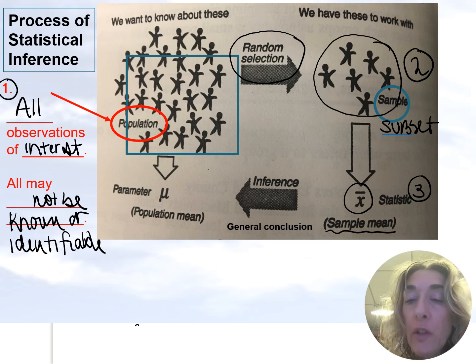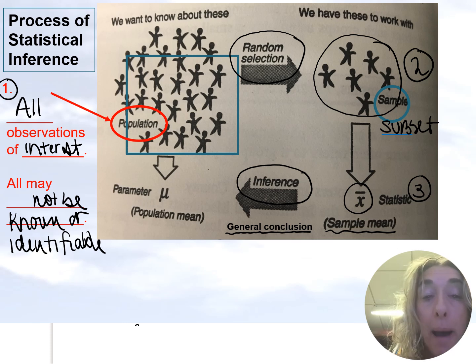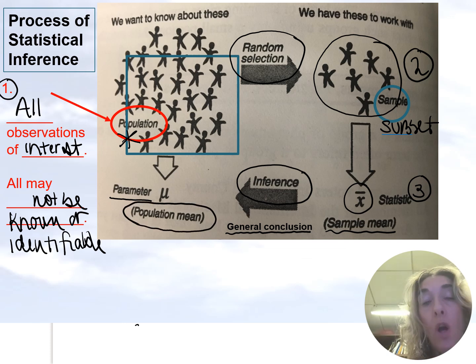Using that sample statistic, we then can perform inference, in which we are attempting to make a general conclusion or statement about the population, all of which may not be identifiable to us, by attempting to estimate a parameter of the population. For example, in this case, what is the population mean weight, or the mean weight of all members in the population?